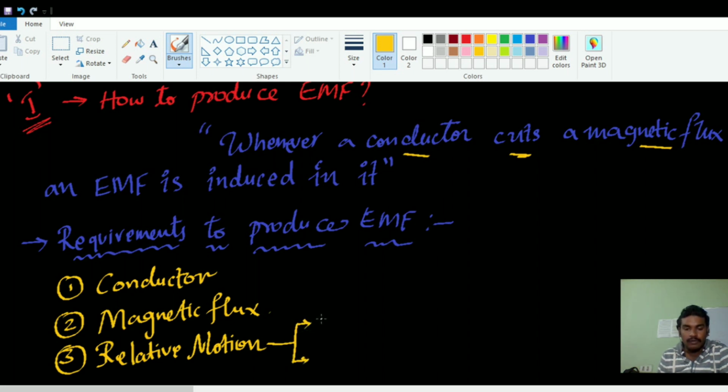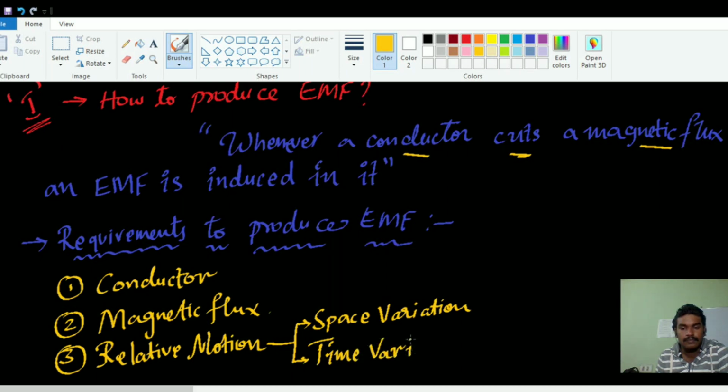One way is called space variation, and the other way is called time variation.